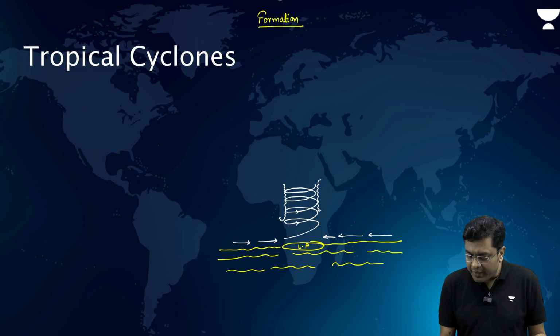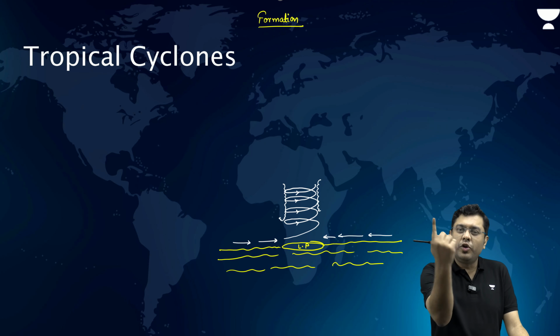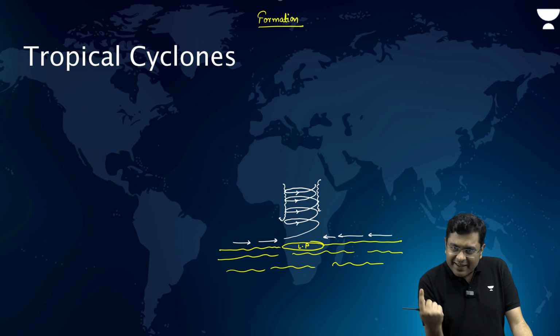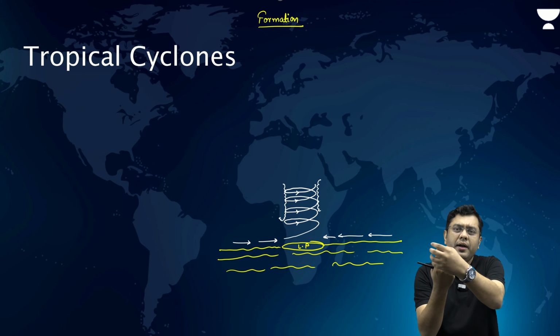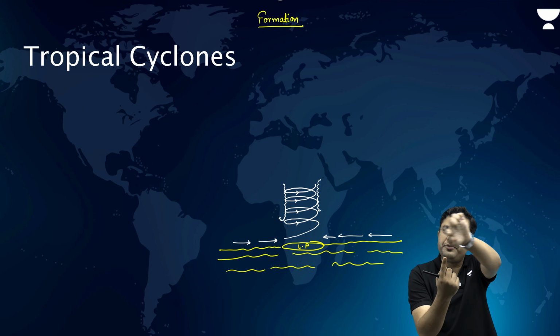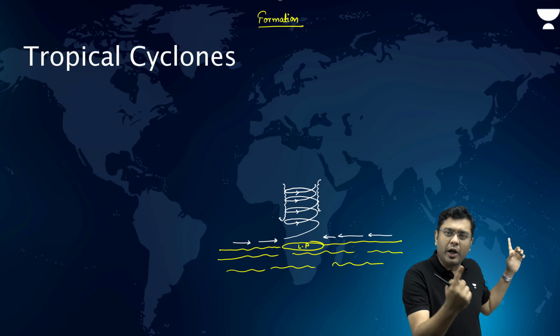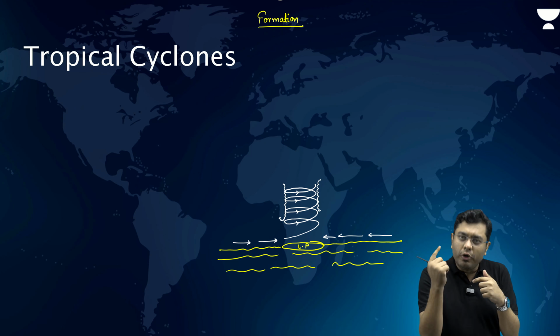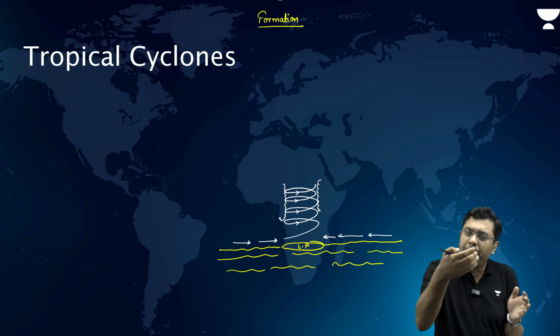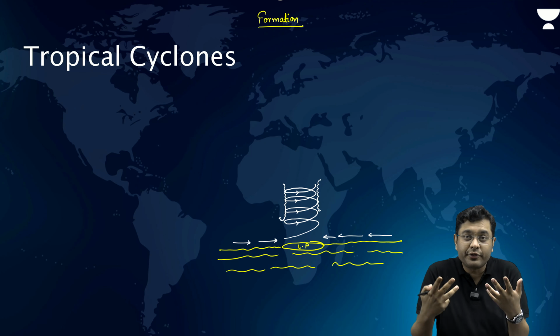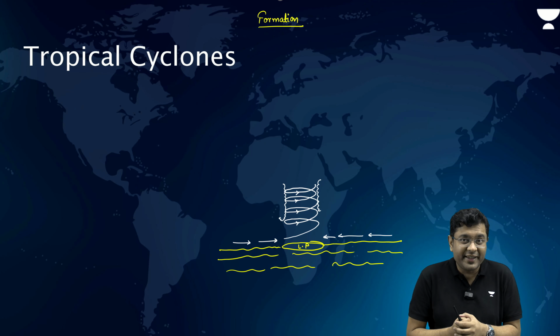So if you think about it, where will the clouds get created? The winds rise in a circular manner, right? As the winds rise in a circular manner, the cloud formation will always be around that spiral. It is not as if the winds are rising like this, the cloud will be created here. It will always be in the pathway of the wind movement. That is what is cooling down, that is what is undergoing condensation.